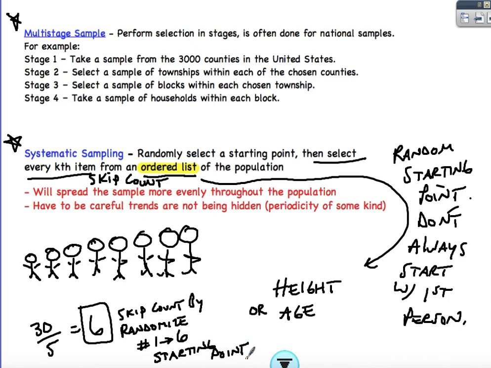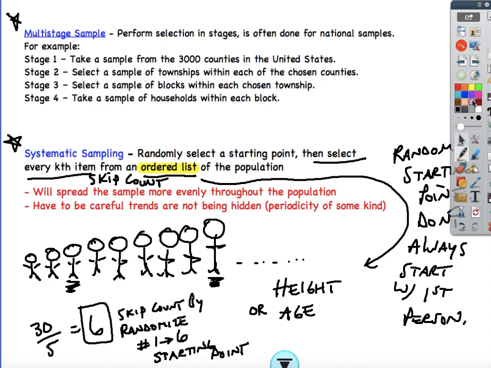So let's just say that I start with the 3rd person. Then I'm going to skip count 1, 2, 3, 4, 5, 6. So that'll be the next person, and so on, until I get 5 people. So this number down here, this is the number of people you want.